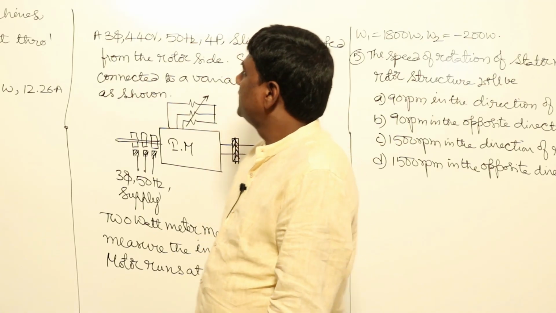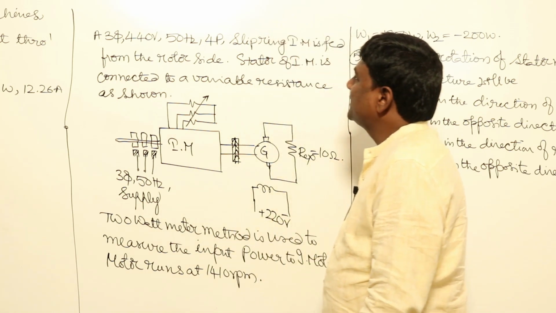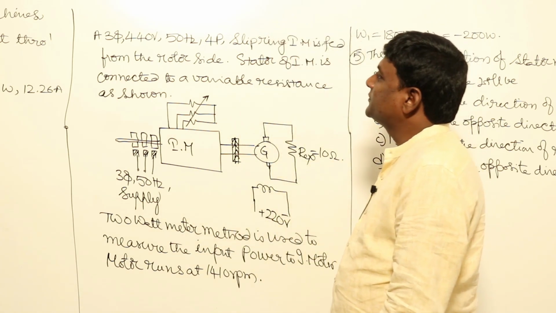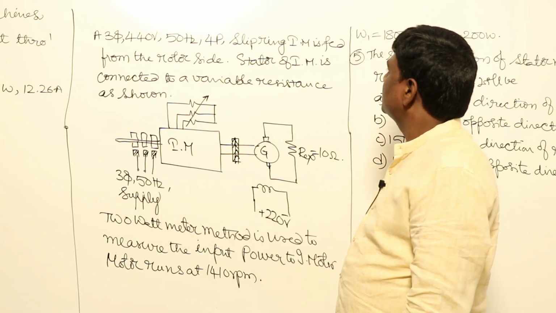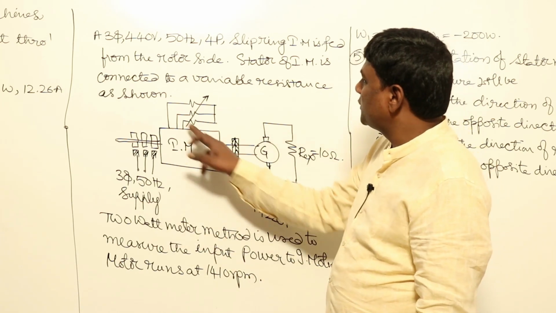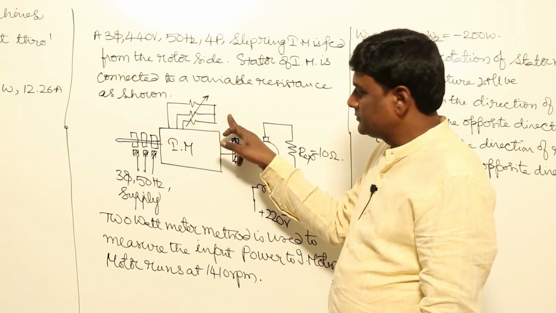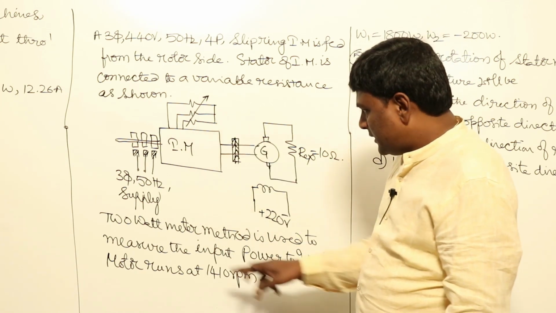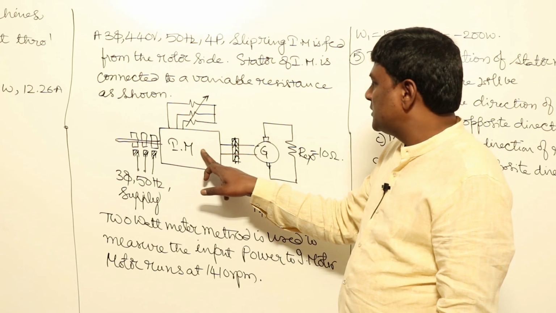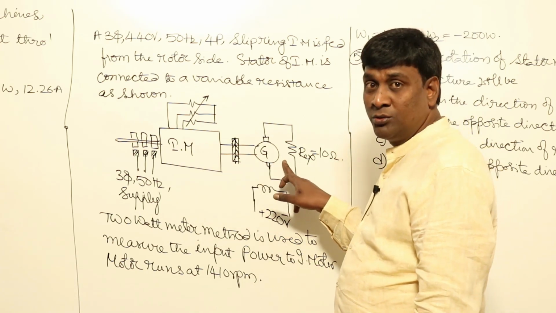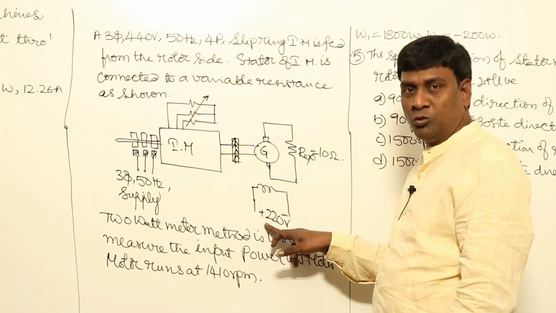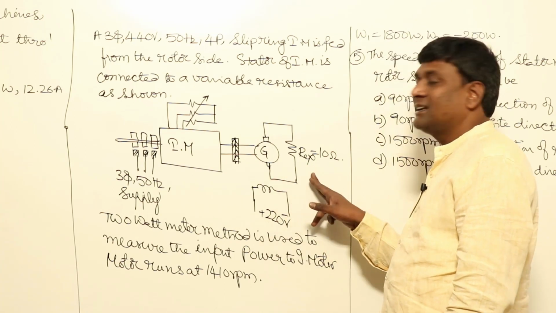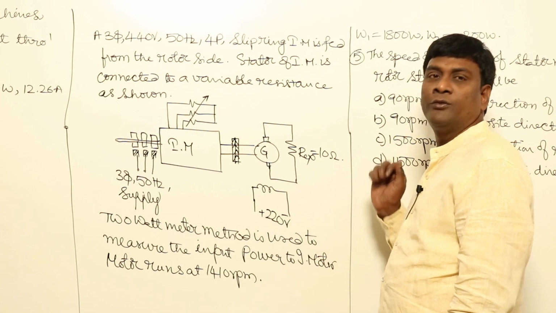In this question, a 3-phase 440 volts 50 Hz 4-pole slip ring induction motor is fed from the rotor side. The stator of the induction motor is connected to a variable resistance as shown, and 2 wattmeters. Basically, this induction motor is mechanically coupled to a generator. The generator field is connected to 220 volts, and the generator is connected with an external resistance of 10 ohm.